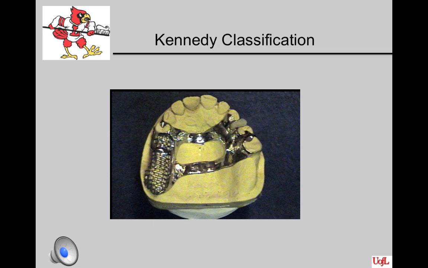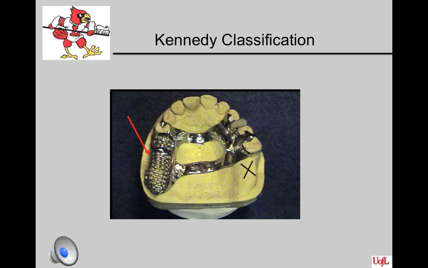Step 1, we look for any area that we're not going to replace teeth. Obviously, we did not replace any teeth on the second and third molars on the patient's left side. So we do not count that in the classification. What is the most posterior edentulous area that determines our classification? It's the one on the patient's right.